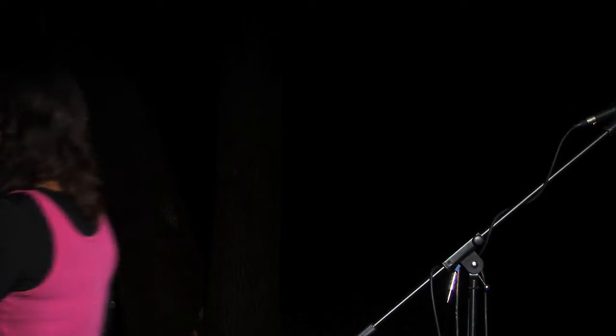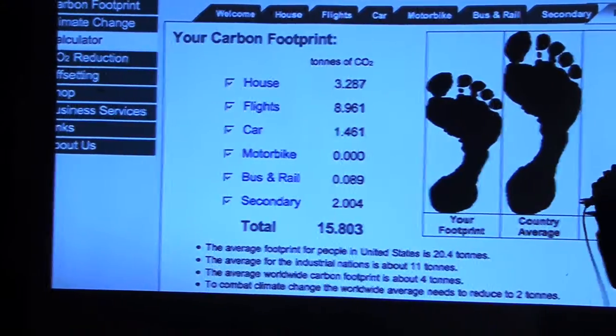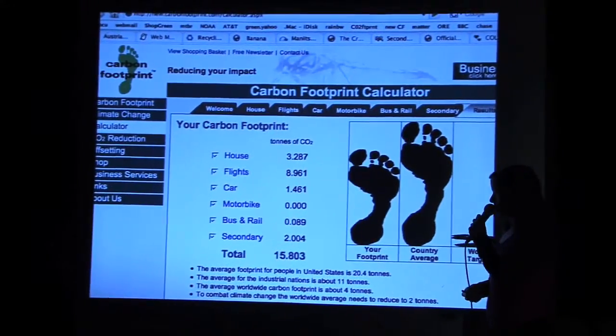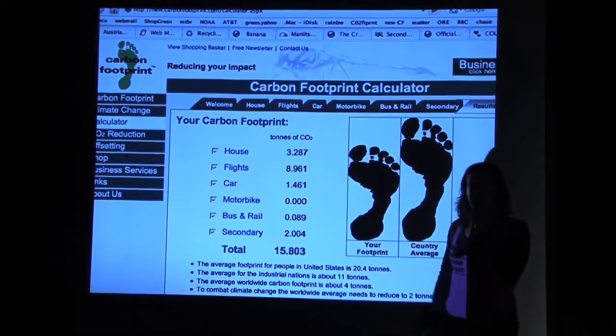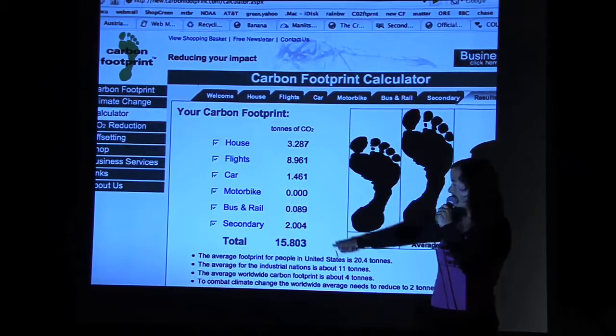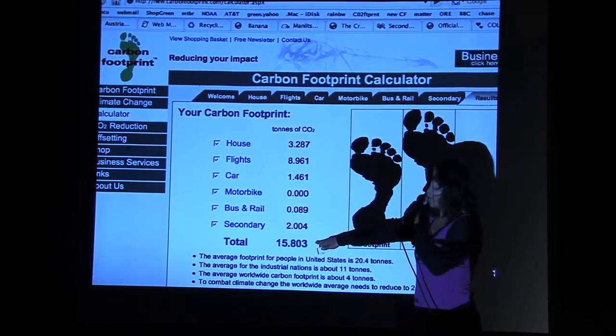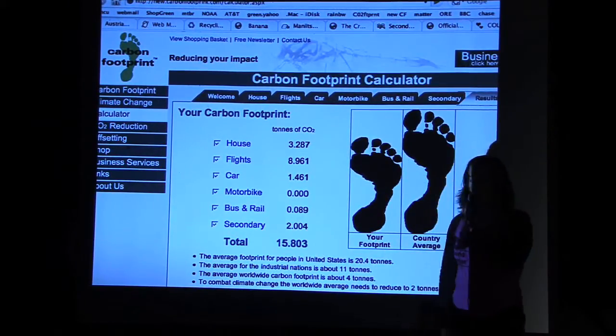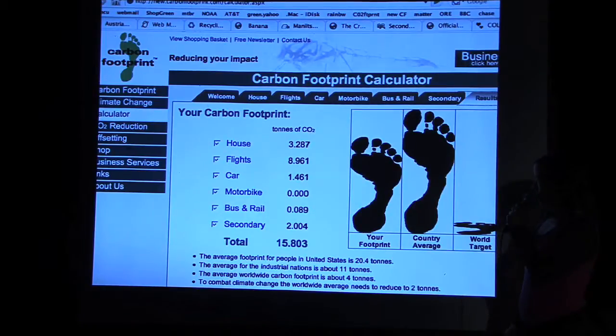So when we look at our totals, this was my carbon footprint about 8 or 9 years ago. So what are my total tons? How many? 15.8. Yeah. Okay. What is the highest number here? Flights. What's the second highest number? House.